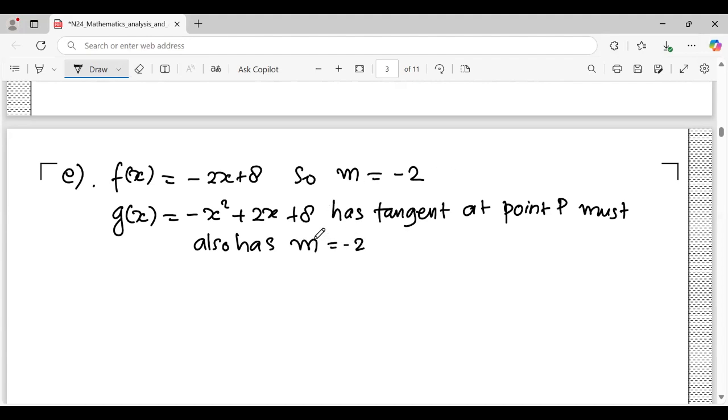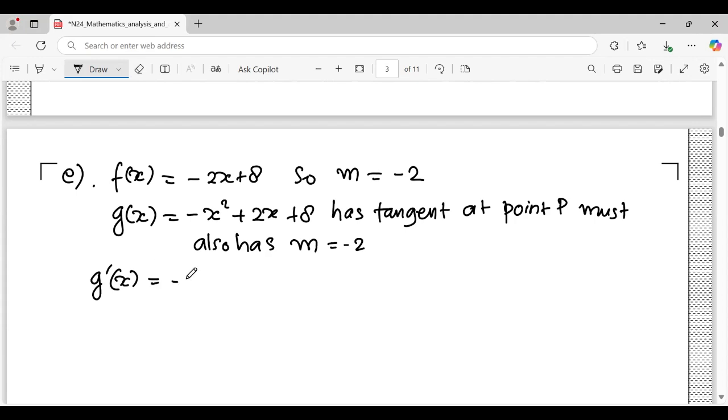Okay. So now we are going to find the derivative of gx, and it equals minus 2, right? Because to find point P, we find the derivative of gx, and the derivative of gx equals minus 2.